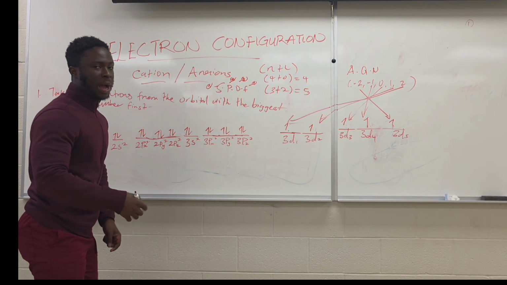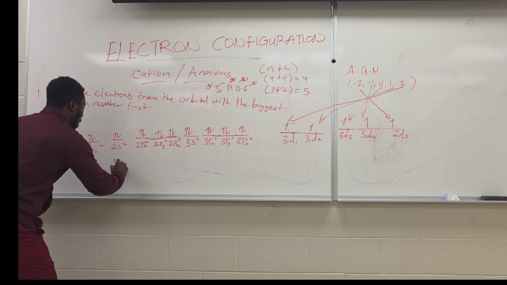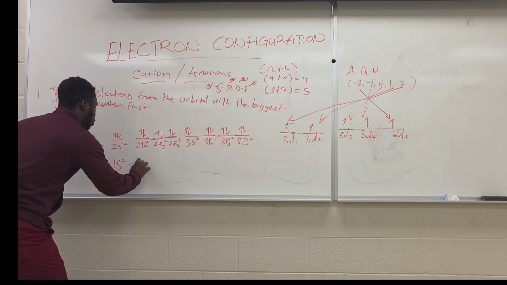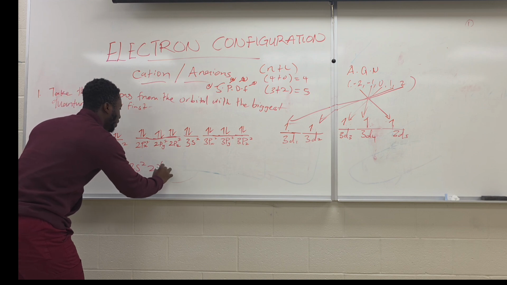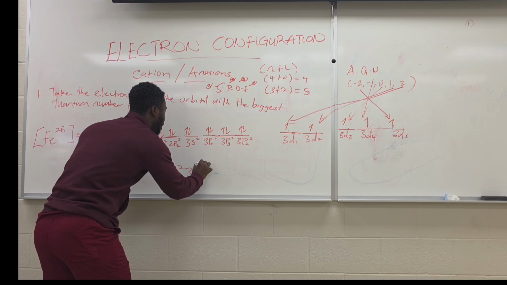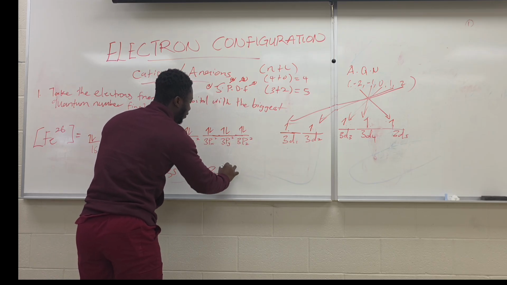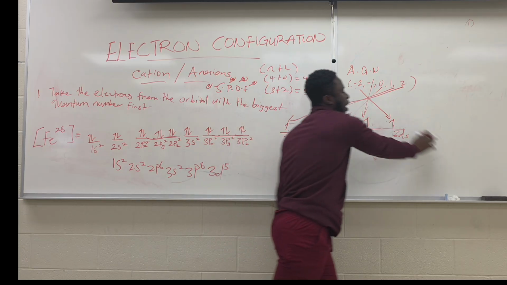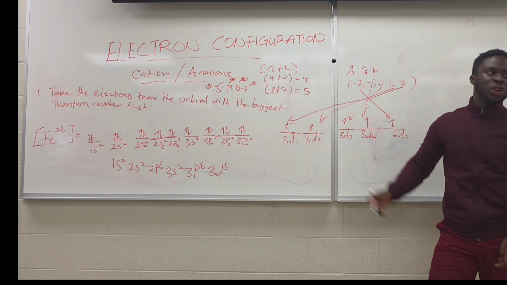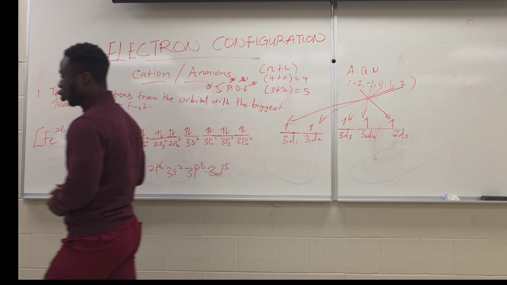The ion 3 plus electronic configuration will be something like 1s2, 2s2, 2p6, 3s2, 3p6, no 4s. You go to 3d5, because 1, 2, 3, 4, 5 electrons are left in the d orbital.